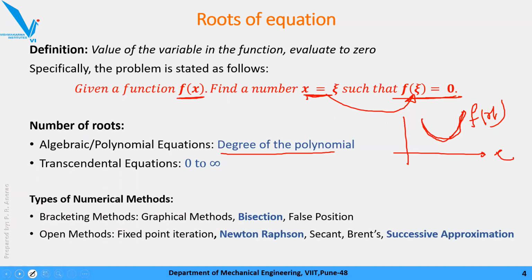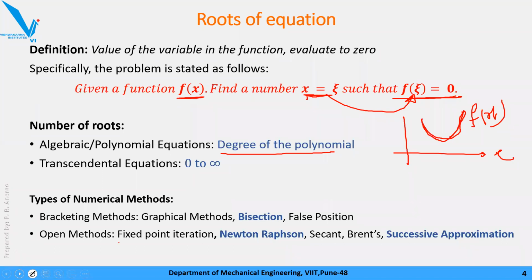Now there are plenty of types of numerical methods available. They are classified in two ways. Some of the methods are bracketing methods and some of the methods are grouped into open methods. But we are not going to learn all the methods because there are plenty of them.